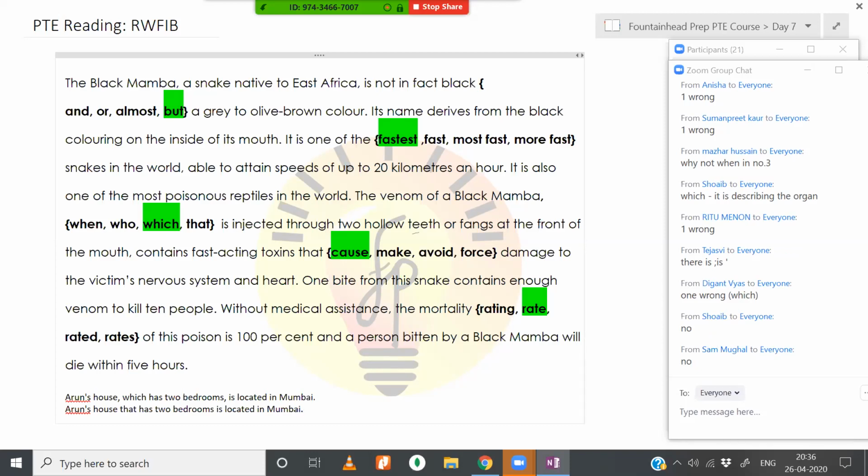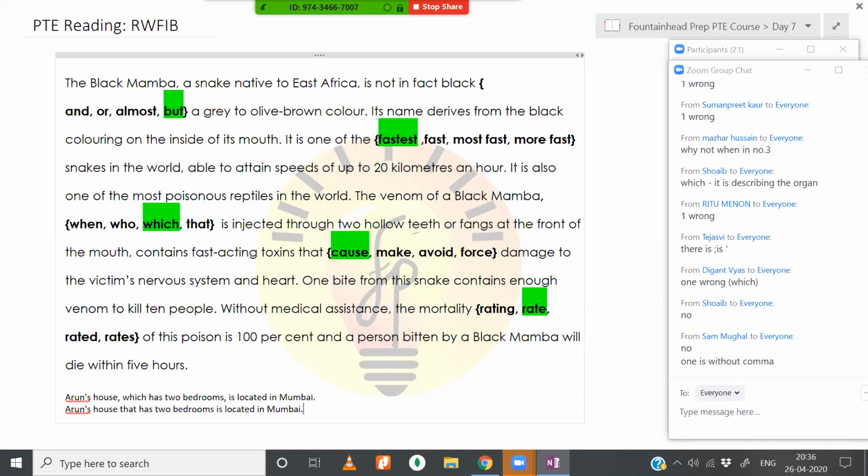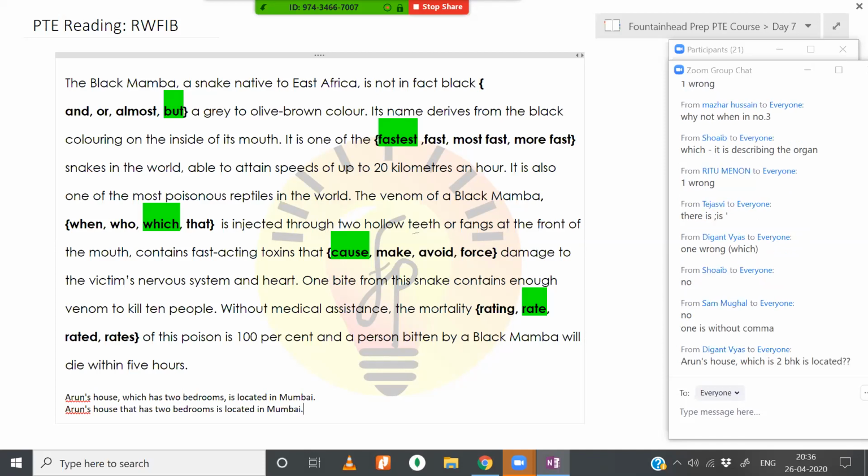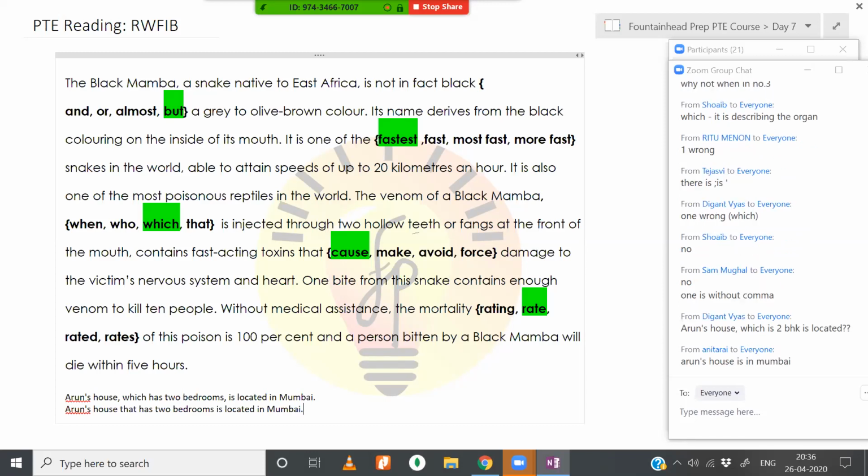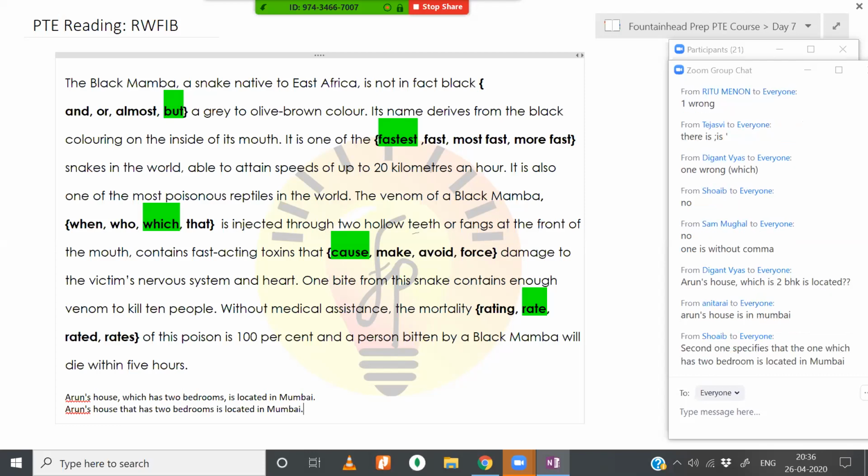What's the difference? One is without comma. What is the difference between these two sentences?